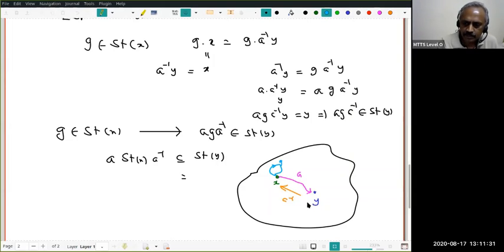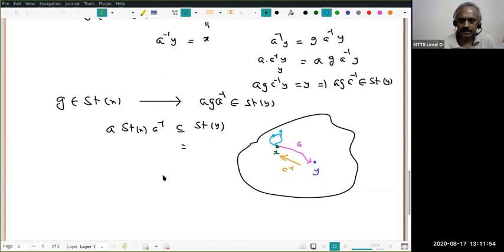Therefore, from Y, I travel by A inverse to X, apply G, I get to X, and apply A, I get to Y. Do you understand this? A inverse followed by G followed by A, that is A G A inverse, leaves Y invariant. That's what you have seen. Is the picture clear?